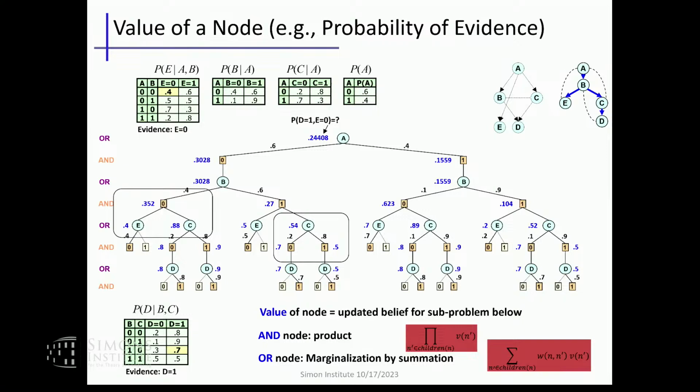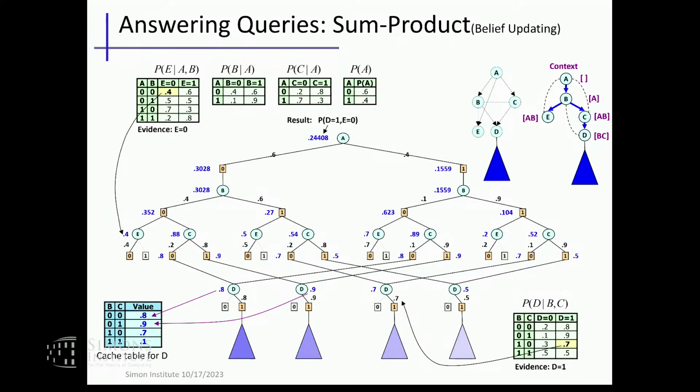In the same way that it's done in an arithmetic circuit, we can just propagate the information to the root and compute what we want, in the case of a summation query or an optimization query, and we can do it on the AND/OR tree, and we can do it on the AND/OR graph as well.